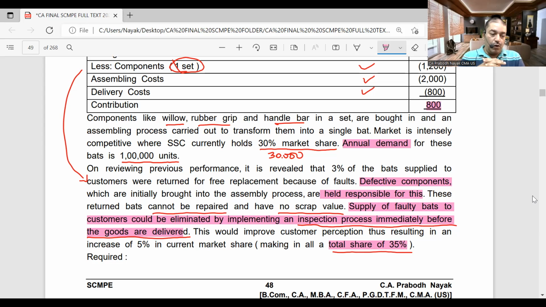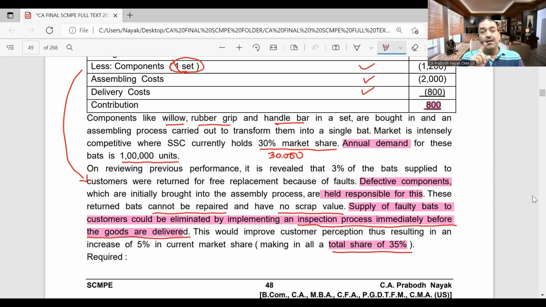Okay. Now, once I do this inspection process, what will happen? At loss of contribution, I will now get that contribution. That means there will be no loss of contribution. So savings in opportunity cost. So I am going to earn additional contribution of 40 lakhs.